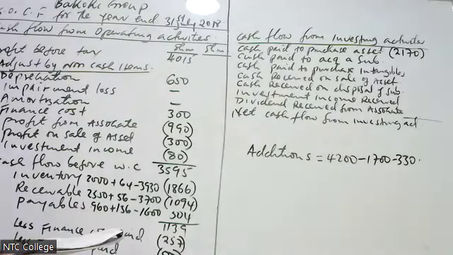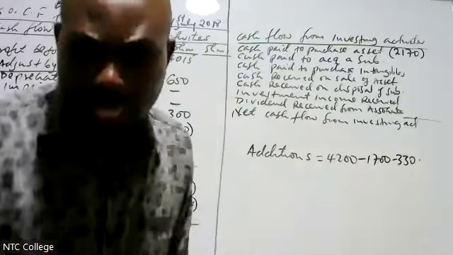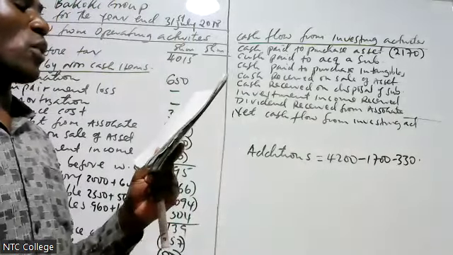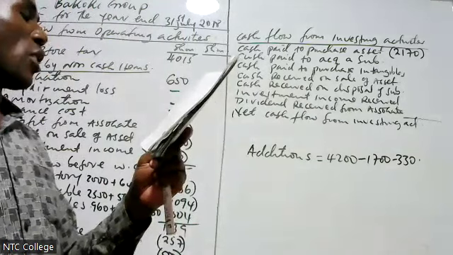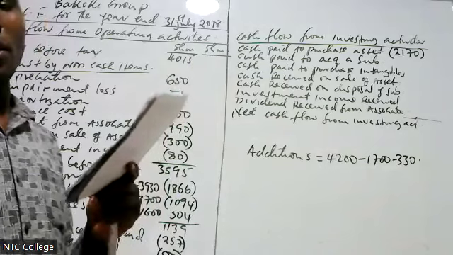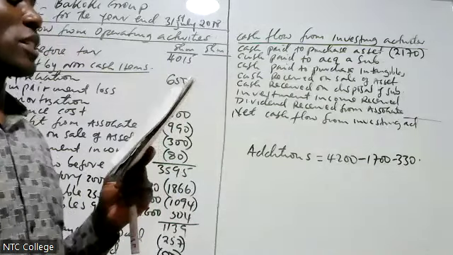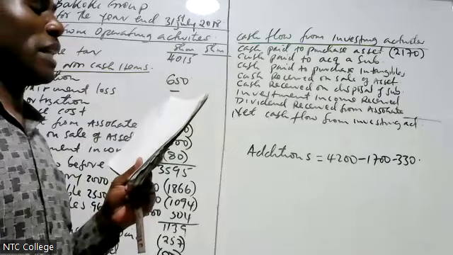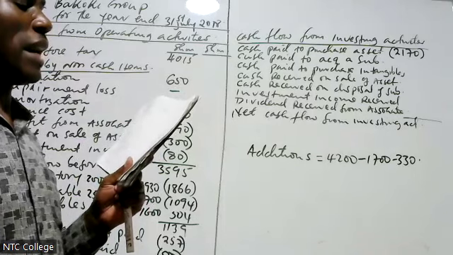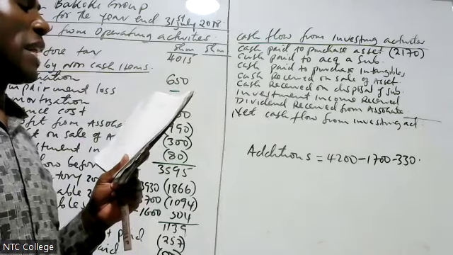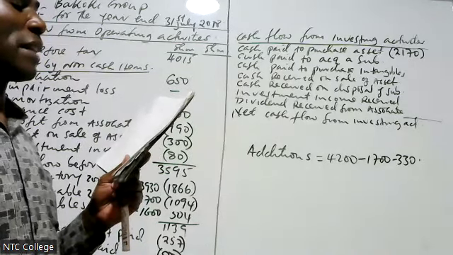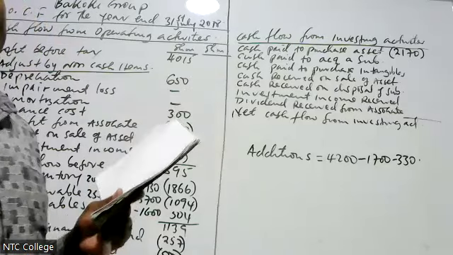Then cash paid to acquire a subsidiary. It is in note number 3. The examiner says the consideration for the purchase of the shares in Nyange Limited comprised 44 million ordinary shares of shillings 10 of Bakoki Limited at a value of 550 and a further payment of cash 28 million.